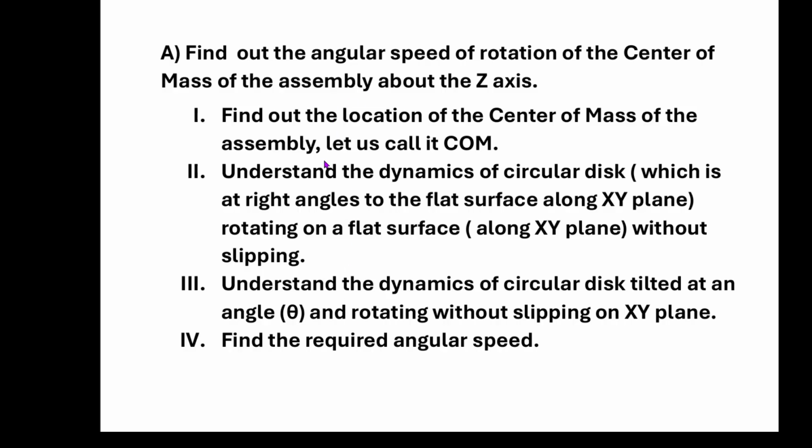To do this we are going to use a 4-step approach. First, find the location of the center of mass of the assembly, because the question is about the angular speed of rotation of the center of mass. Then understand the dynamics of a circular disc which is at right angles to the flat surface, rolling on the xy plane without slipping.